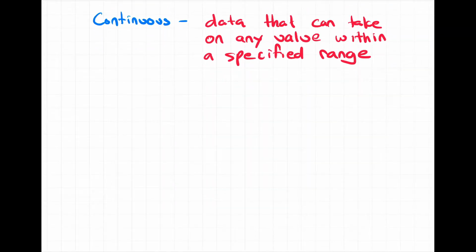Well, it's sort of the opposite. So we aren't going to be restricted to any value. So basically, there is going to be what we call a range of values. So a specified range, and it can be any value within that range.